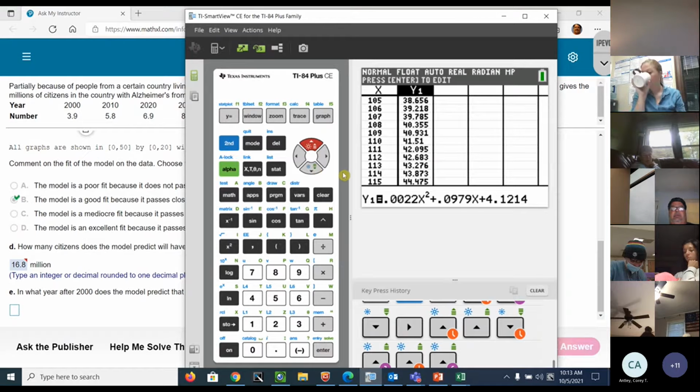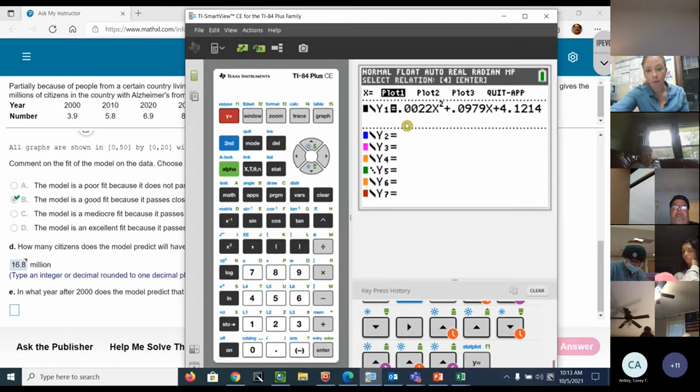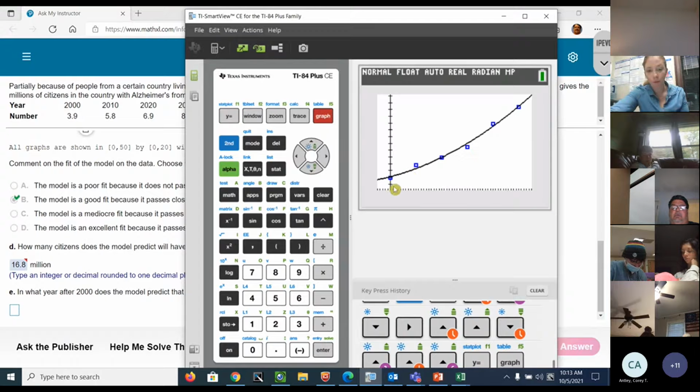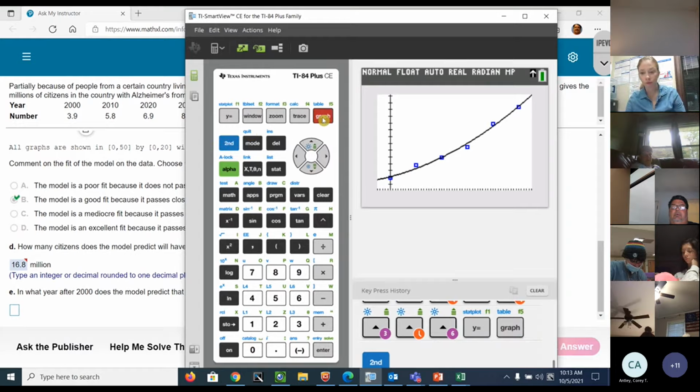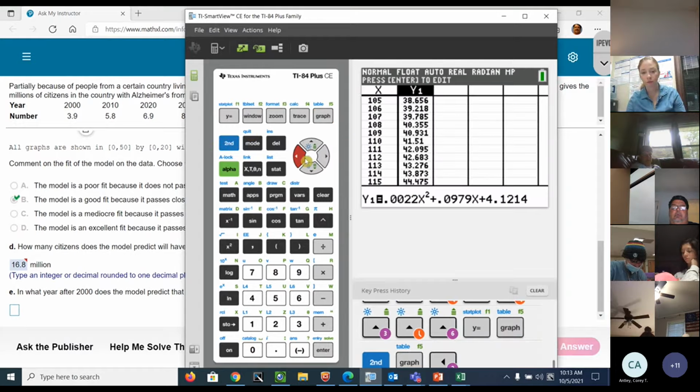Why isn't it giving me more? Why is it only giving one? Y equals, graph, and second table. Why isn't it going below 1.105? I don't understand that.